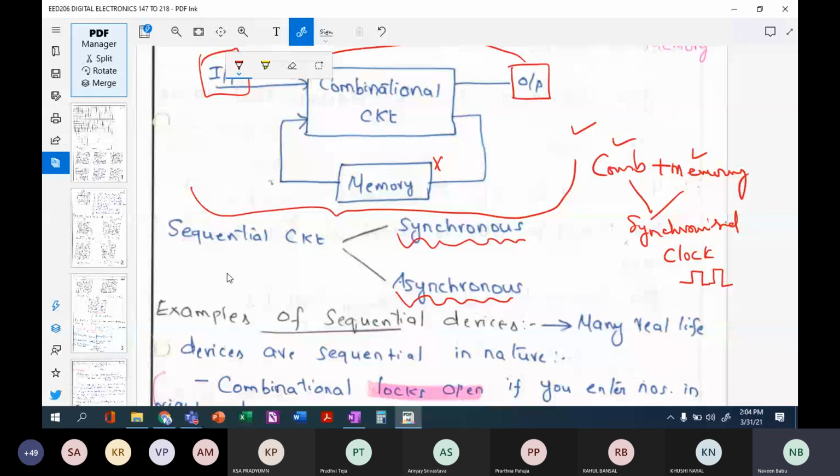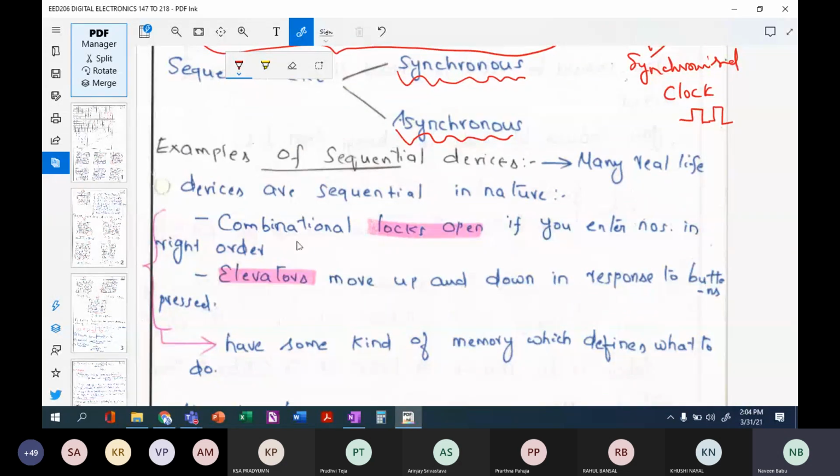Or say you are using a lift, or elevator. You are moving up and down, which means that the exact positions of different floors are stored inside this elevator, so you are able to go to the stored position. This is one example again. So any application that can remember its previous states can be called a sequential circuit.